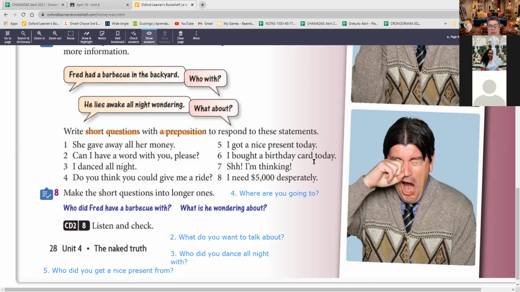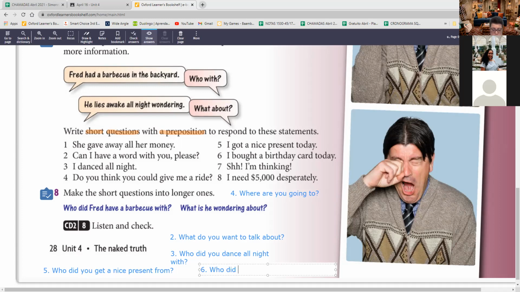I bought a birthday card today. So number 6, let's go. Who for? Remember, who for is when you buy something for someone. In this case, they only consider who for, okay? So let's make it long.